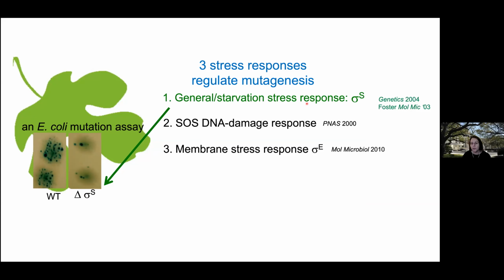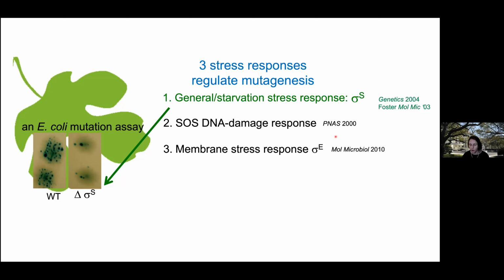And doing experiments like this, we discovered that the general stress response is required for mutagenesis under starvation stress. So is the DNA damage response, the SOS response, and so is a particular membrane stress response regulated by sigma E. And for all of these, it means if you stop the response, the mutations don't form.